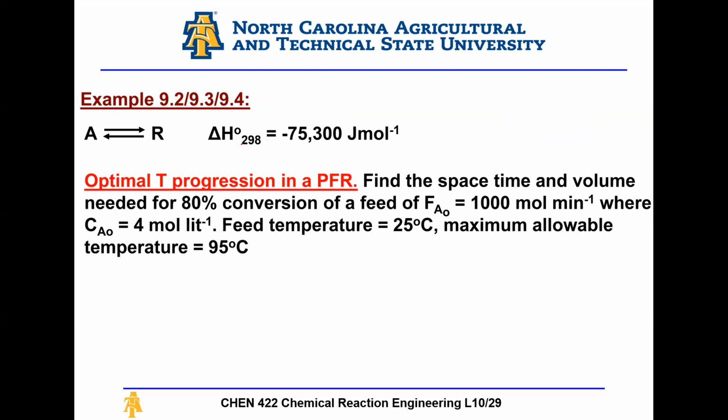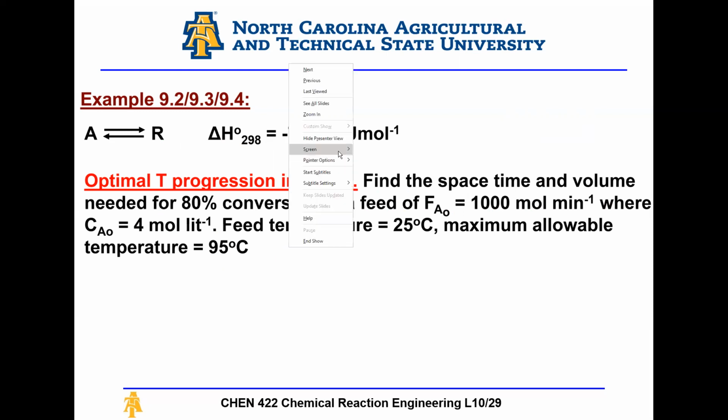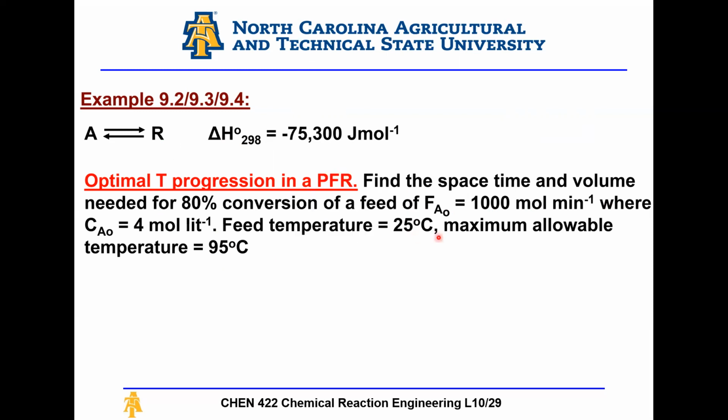It's exothermic, and I need to find the optimal temperature progression in the PFR. Ideally, I want to find the space-time and volume needed for 80% conversion of a feed of FA naught of 1,000 moles per meter cubed, where CA naught is 4 moles per liter, and feed temperature is 25 Celsius. You're also told that your maximum allowable temperature is 95 Celsius.